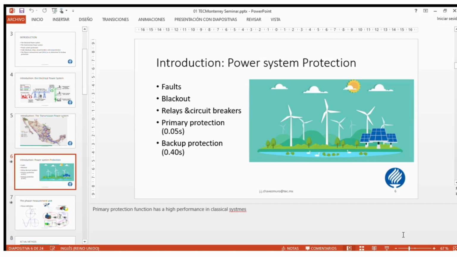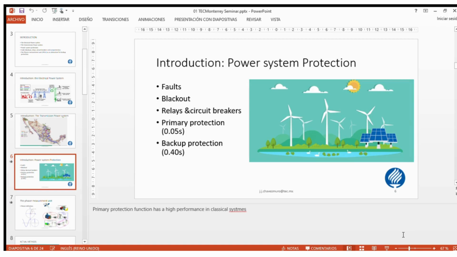Most of the time, here in the video we have how a fault can occur. There are big trees near the transmission lines that can touch one of the phases. The currents rise maybe 7 times or 20 times more than the steady state conditions.